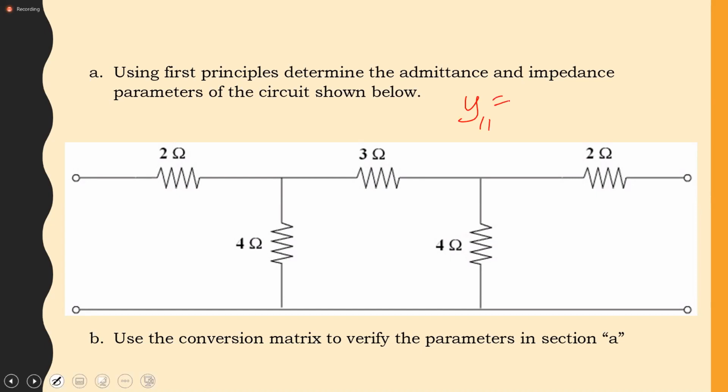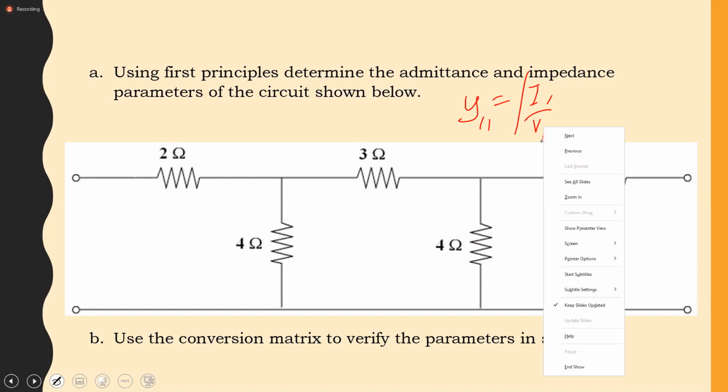First, it's Y, so it's what? Short circuit input impedance. Oh, no, it's Y, admittance. Admittance, all right? So we know that it is I over V, and it's 1, 1, so it's I1 over V1, yes?